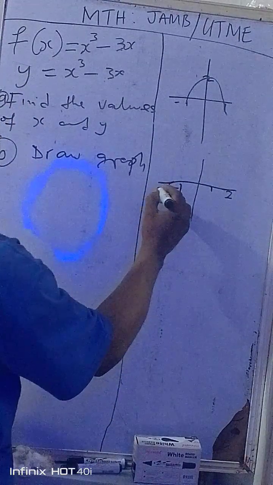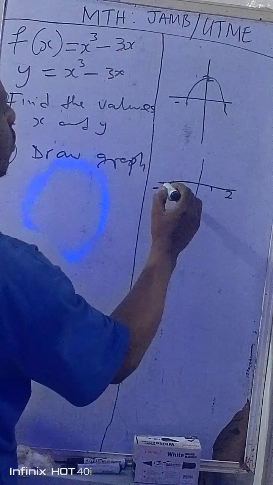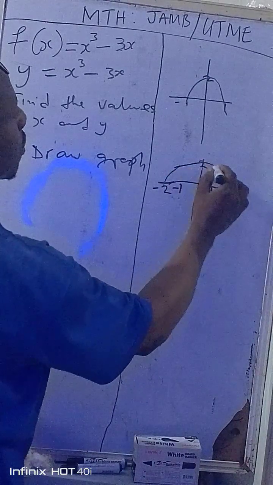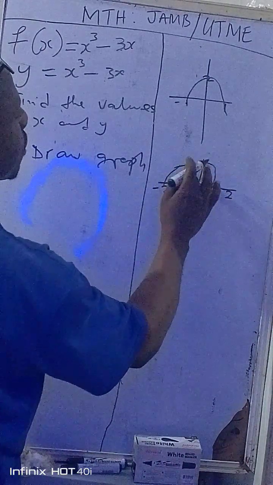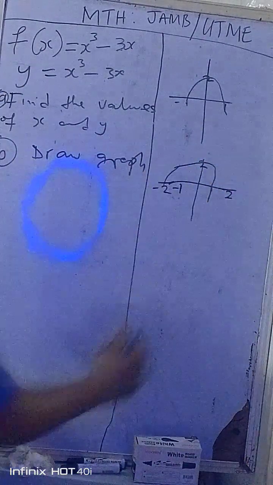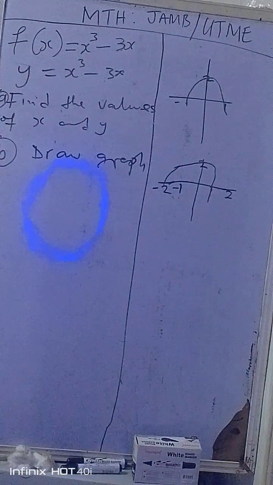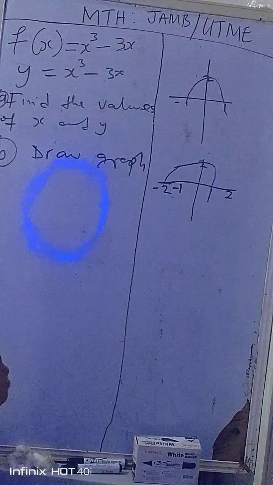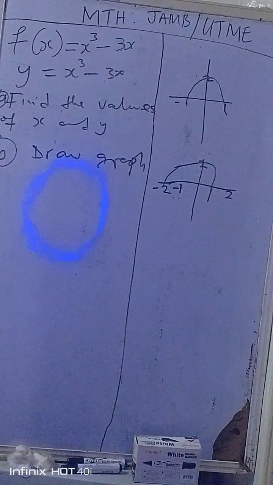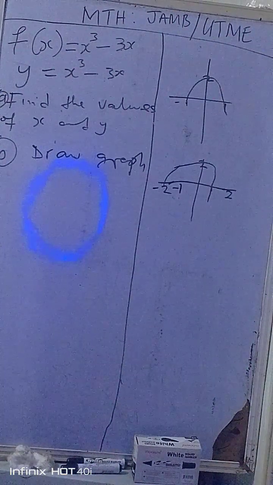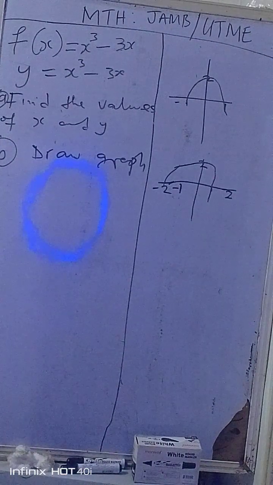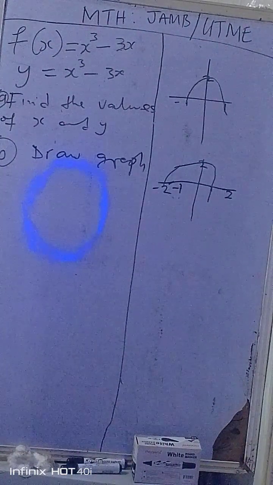This side of the graph is minus. So they can have a different graph for you, okay? So in this question we are asked to find the values of x and y at a point, either maximum point or minimum point.